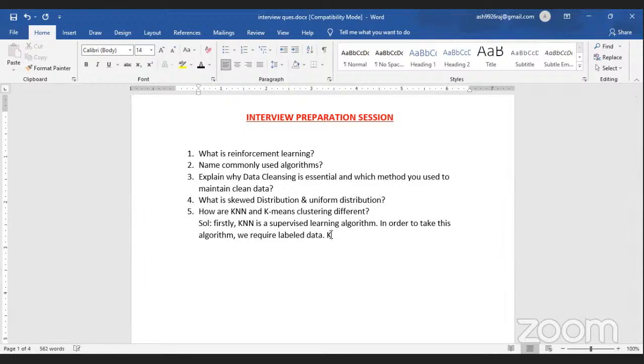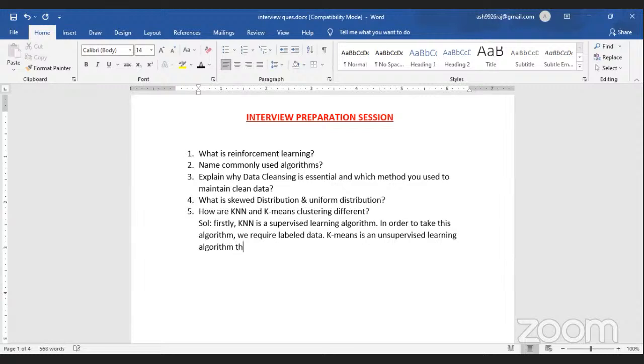Whereas K means is an unsupervised learning algorithm.